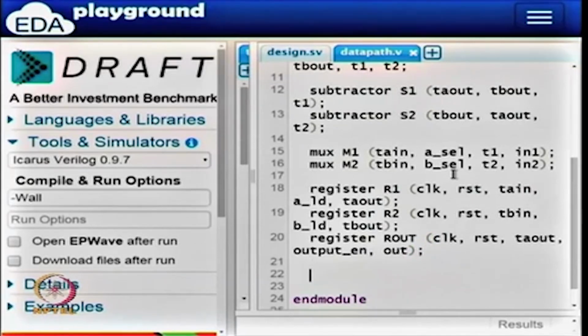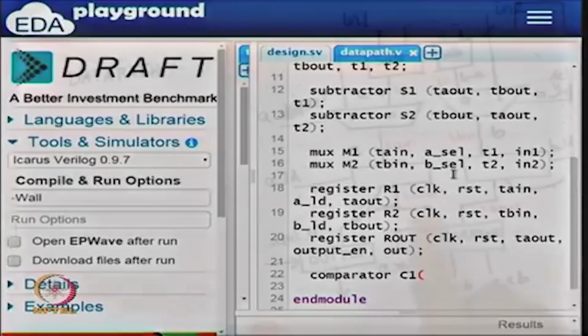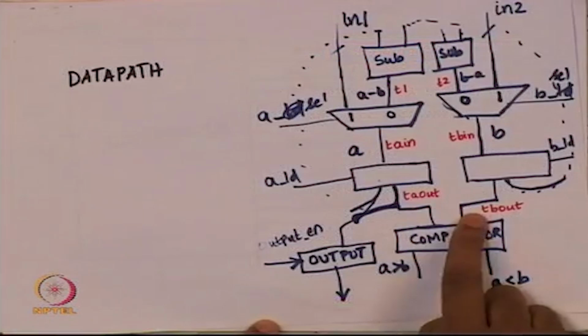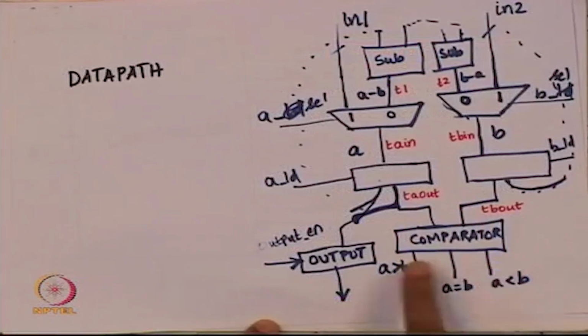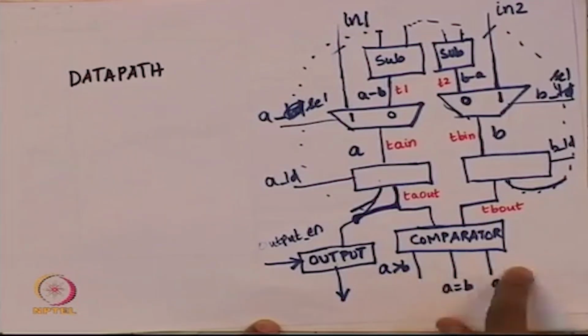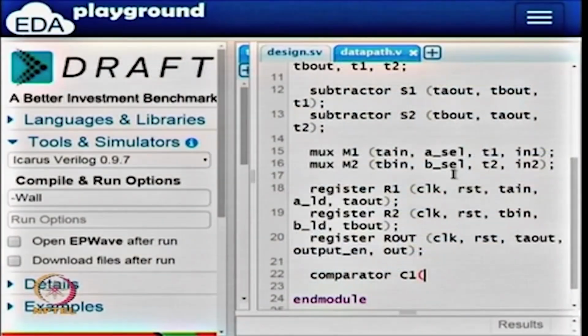The only other thing that we need is a comparator. So let us again look at the picture. I will call the comparator, let us say C1. This comparator is supposed to take two inputs, in1 and in2, and is supposed to give three outputs in this order. So the inputs that it is supposed to take are TA out and TB out.